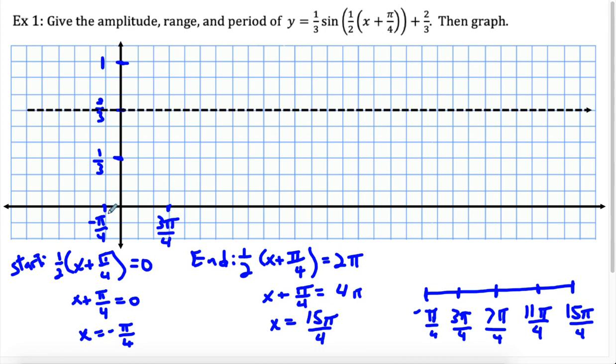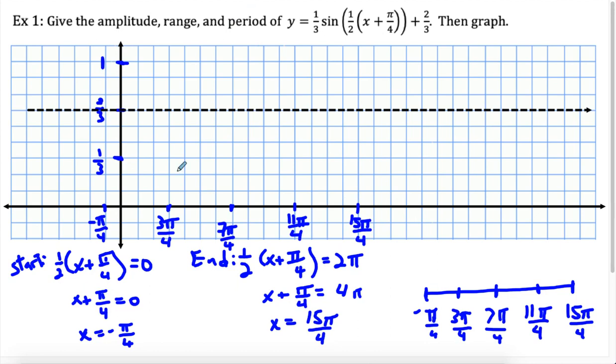So here we do want to make sure to think about the fact that the y-axis would be closer to negative pi over 4 than it would be to 3 pi over 4 when we're making our scale. Okay, so then 7 pi over 4, 11 pi over 4, and 15 pi over 4.